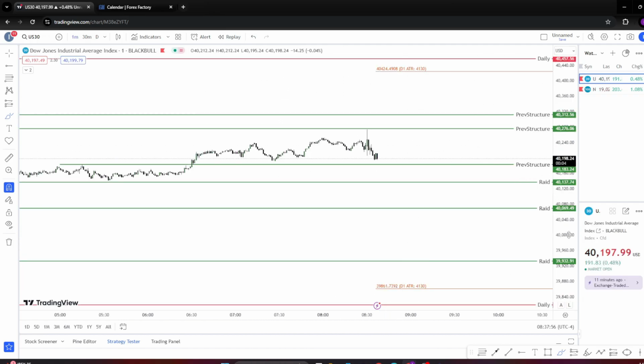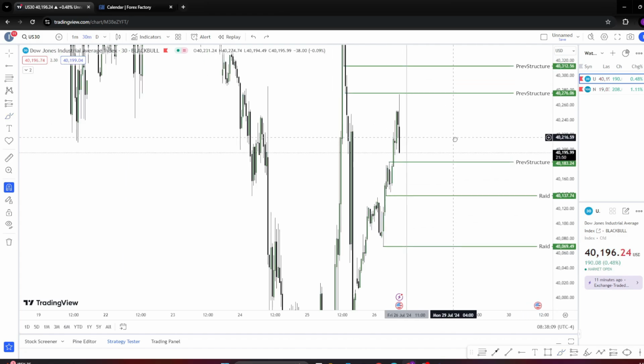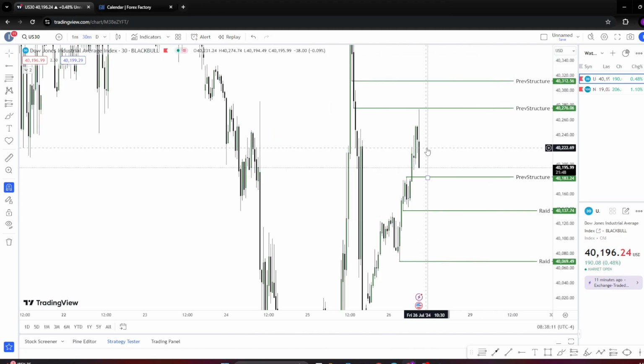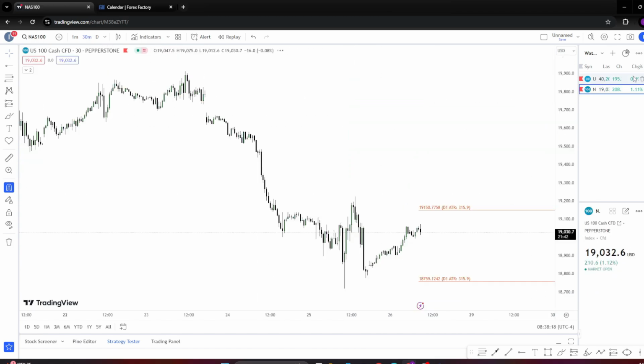Let's go to the 30 minute. This would be a previous structure acceptance trade for me. Remember that I trade 4 setups: previous structure acceptance, rejection, raid acceptance, and raid rejection break. They're very similar. They just happen to set up at different types of levels, so that's why I'm labeling them differently.